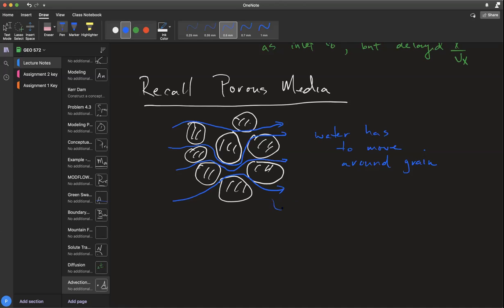So each streamline has a different length and a different velocity profile.